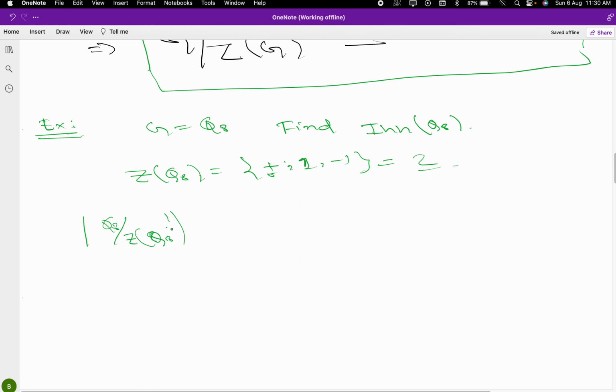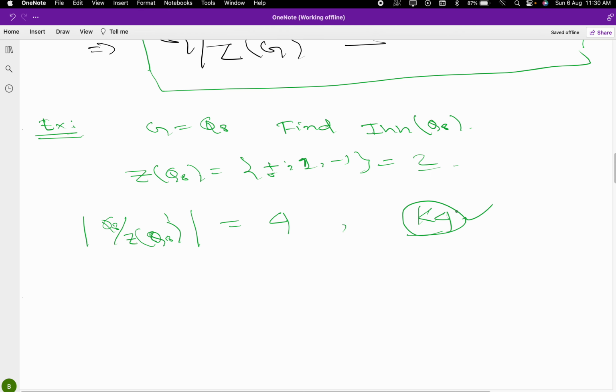is 4, right? Because Q8 is of order 8 and Z of Q8 contains two elements, so 8 divided by 2 is 4. We have only one group of order 4 that is abelian, which is K4.